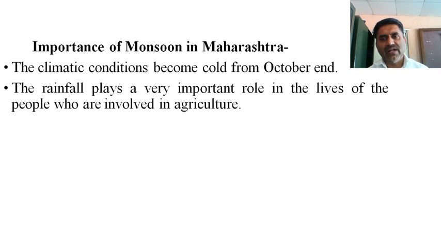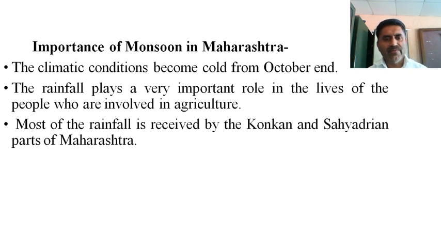So there is a direct effect on the sowing period as well as the growing period and the ripening period. So farmers give too much importance to the monsoon, particularly for their crops.